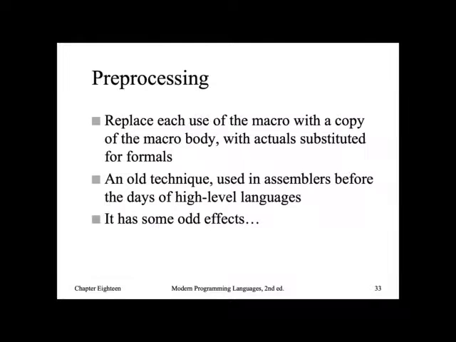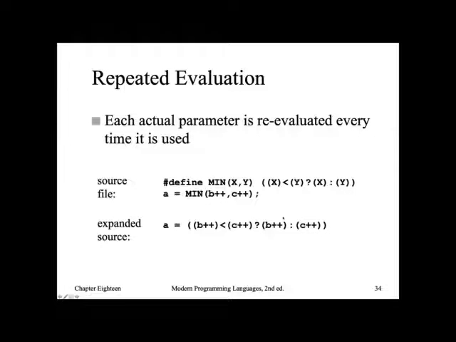Nothing bad happened, and we'll give you an example where bad stuff happens. What's happening here just explains the preprocessing. Every use of the macro you replace with a copy of the macro body. But here's an example of the odd effect. Here's that same MIN, and then somebody just goes B++, C++.